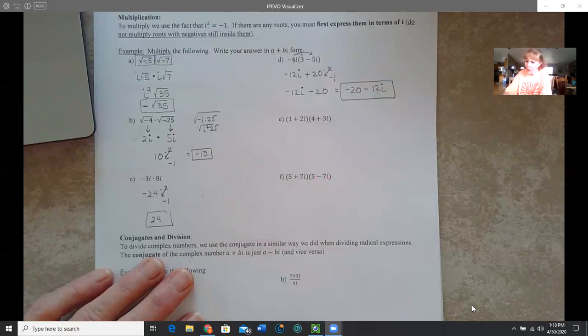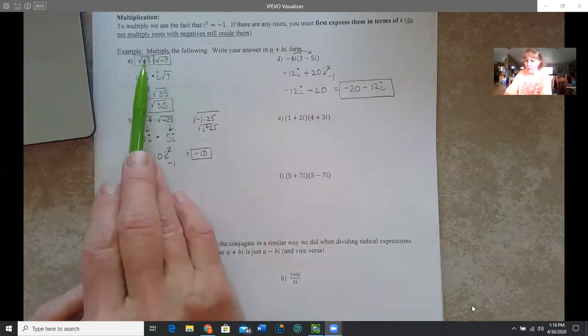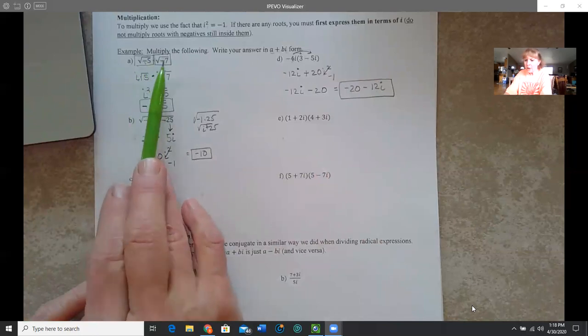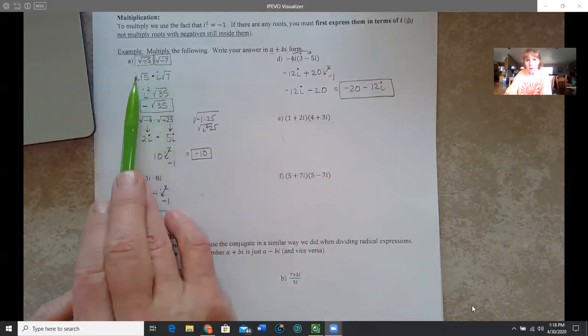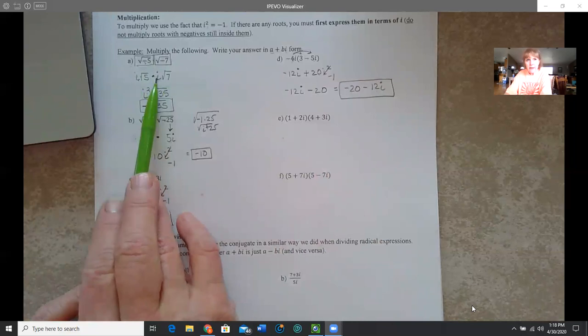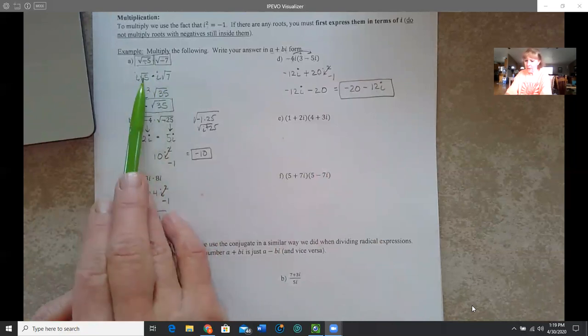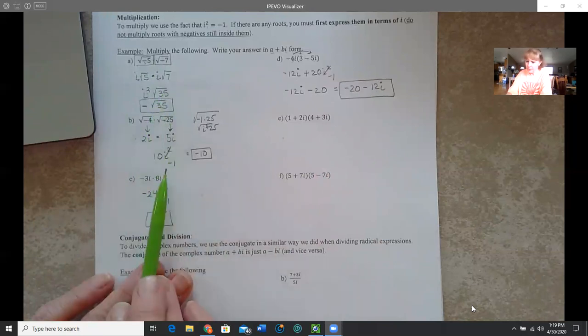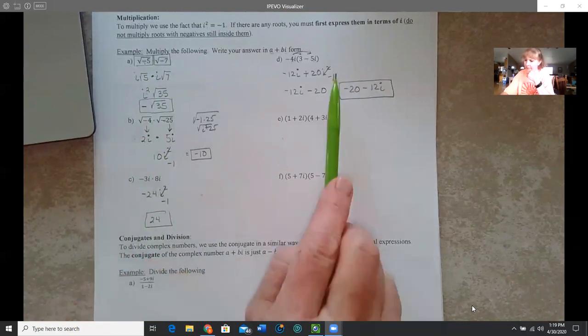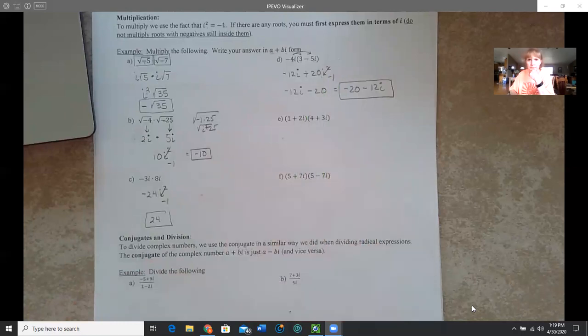So again, we multiplied them, and when you are multiplying these negatives, you do need to take the negatives out as an i and then multiply what's outside and then what's inside, and then reduce. And a lot of times, when you see this i squared, make sure you put a negative 1 when you have that in your answer. That's occurring quite often, you'll notice.